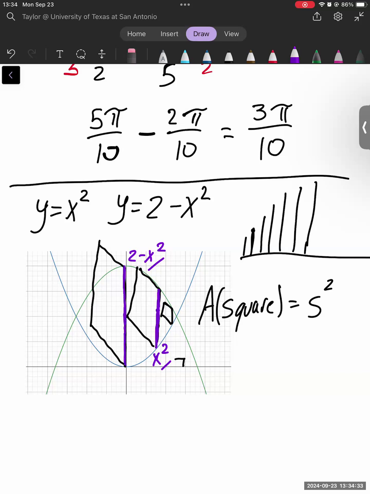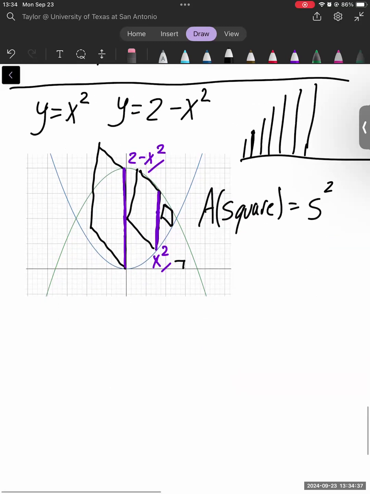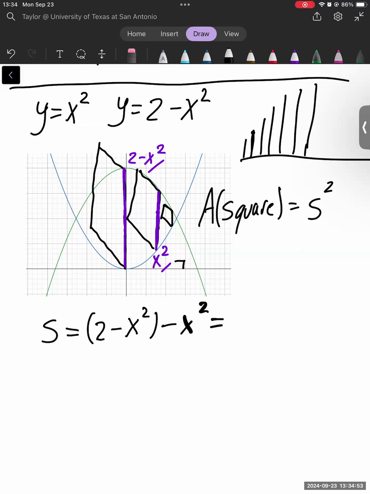And so the way we find that distance is we just subtract them from each other. So the side s equals 2 minus x squared minus x squared, which gives me 2 minus 2x squared. Make sense? Everybody caught what I said? Yeah, cool.